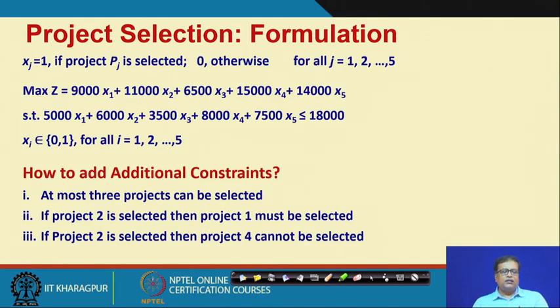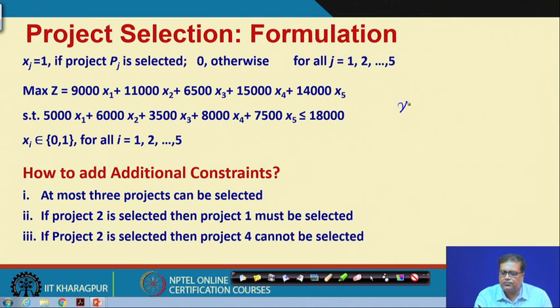But the additional question that we also raised at that time was that at most 3 projects can be selected. How do you formulate this? You see there are x1, x2, x3, x4, x5, our 5 decision variables.